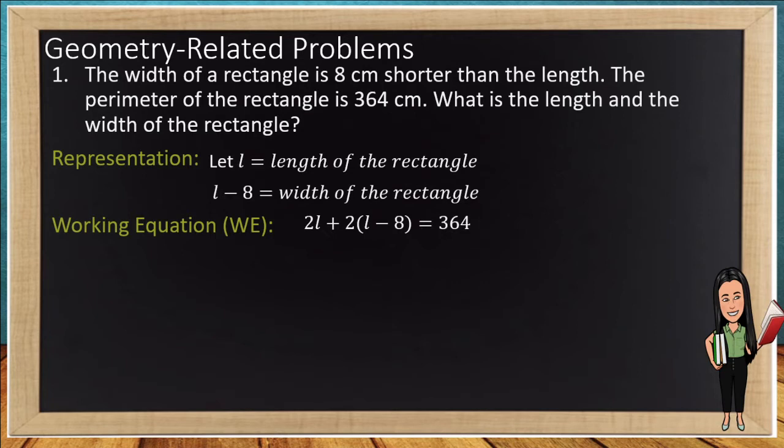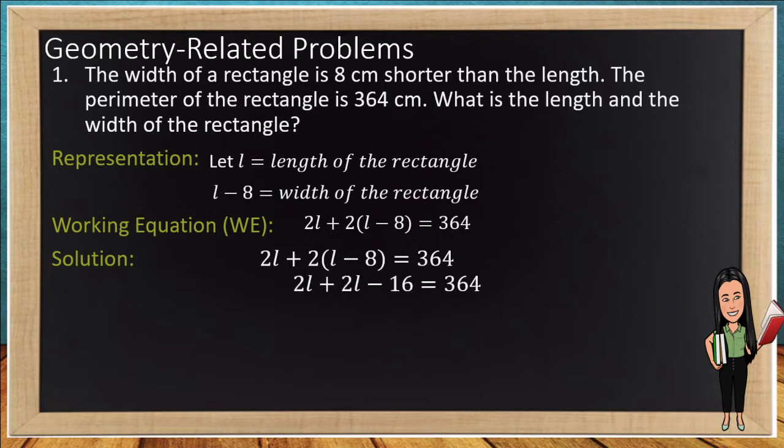Yan, that is already our working equation. Let us just solve. Distribute: 2L plus 2L minus 16 equal to 364. Combine like terms, that is 4L. And then yung 364 plus 16, 380. Divide both sides by 4.